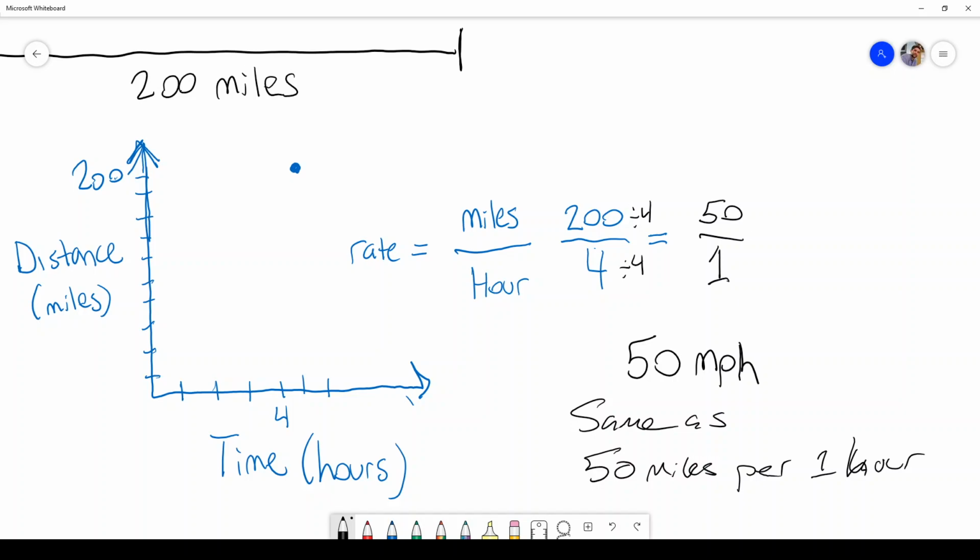And what is our rate? Can we make an equation so that we can do this with anything? Let's make an equation. So this is the rate. In green pen here, I'm just going to say rate equals, and what is this? Miles over hour. Well, we could say miles an hour, but what if we made it general for any type?